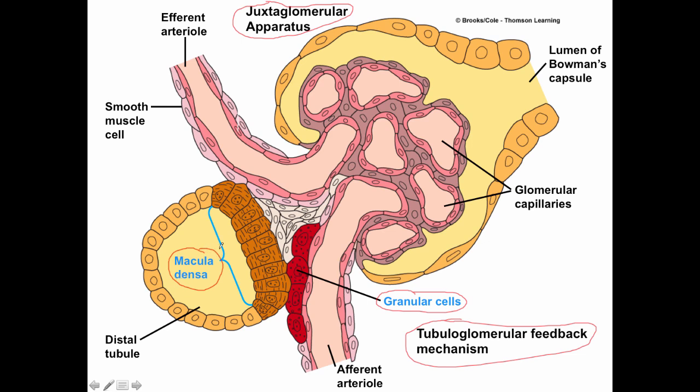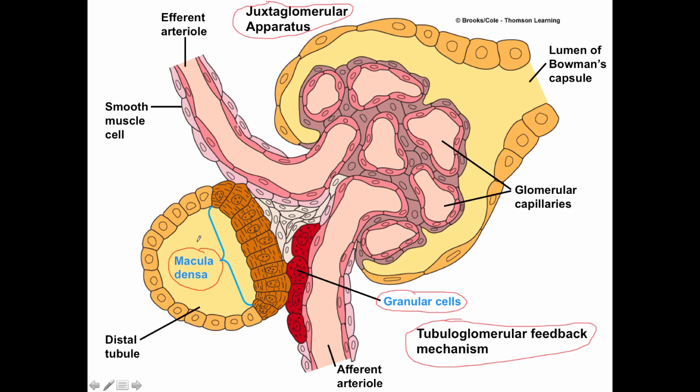The macula densa cells recognize that elevation in fluid flow and trigger the granular cells to release a vasoconstrictor that constricts the afferent arteriole. Constriction will cause glomerular capillary blood pressure to come back down to normal, GFR will come back down to normal, and the fluid flow rate through the distal tubule will come back down to normal.